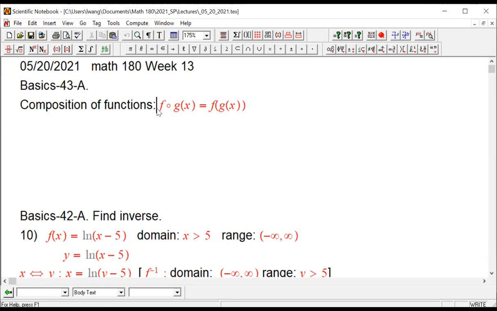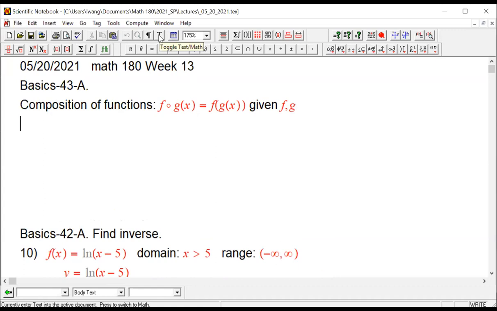So this composition is going from, given f and given g, and you know how to compose it.